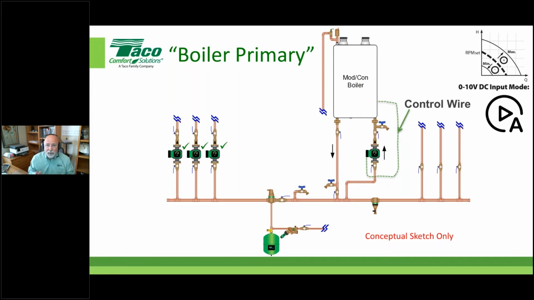So if you have something like that, like 0 to 10 volt DC, that's automatically controlled by another control, by all means use it. Okay, so again, fixed speed first if you don't have either of those two things I mentioned, or go ahead and use what the boiler manufacturer would have available to control the speed of the pump. That way we can slow the pump down when the boiler turns its firing rate down and vice versa.